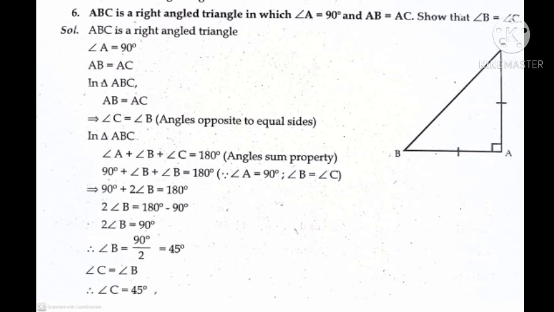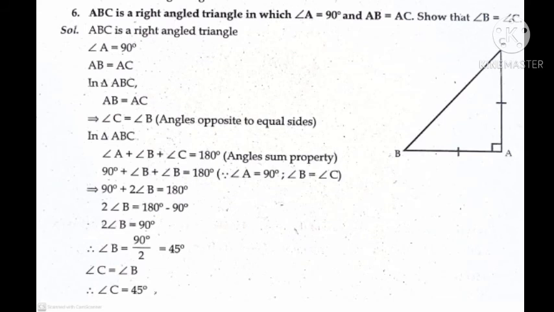In triangle ABC, angle A plus angle B plus angle C is equal to 180 degrees, since angle sum property. That implies we know angle A value is 90 degrees, plus angle B plus angle C value, we can write angle B since angle C equal to angle B, that is equal to 180 degrees. Next step, 90 degrees plus angle B plus angle B, 2 angle B, is equal to 180 degrees.